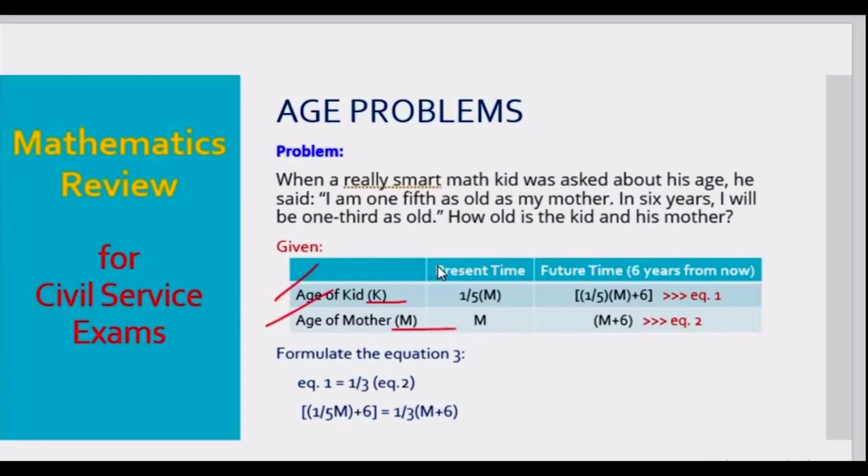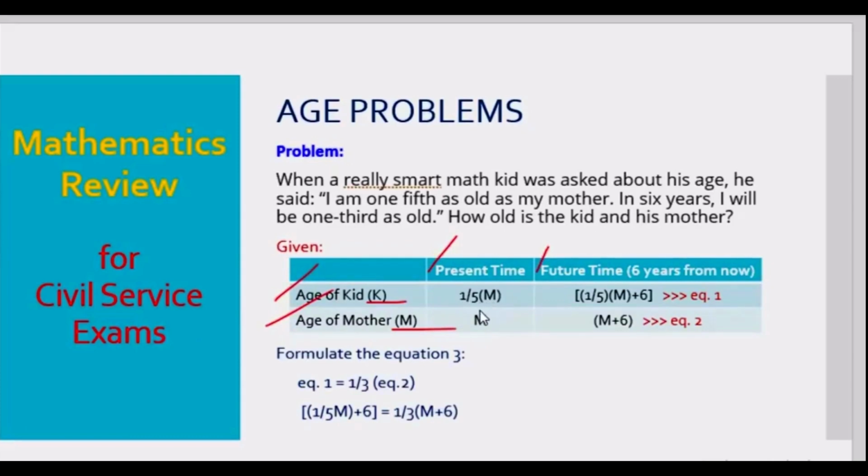So in this problem, we have two sets of times, the present time and the future time, which is in 6 years. So, okay, in present time, the age of the kid is 1/5 of the age of the mother.